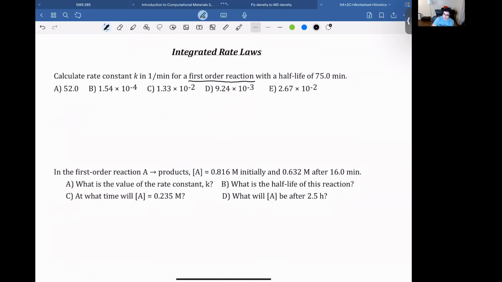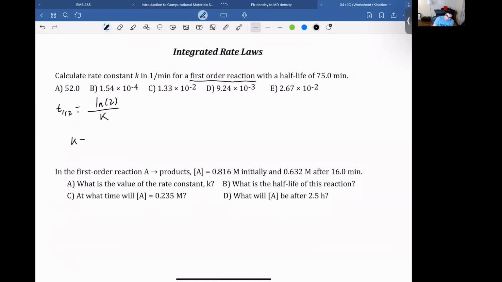So it says calculate the rate constant for a first order reaction. For a first order reaction, the half-life in terms of K is ln of 2 over K. So if you want to find K, you just algebraically move this around and then plug in. So it's ln of 2 divided by 75 minutes.